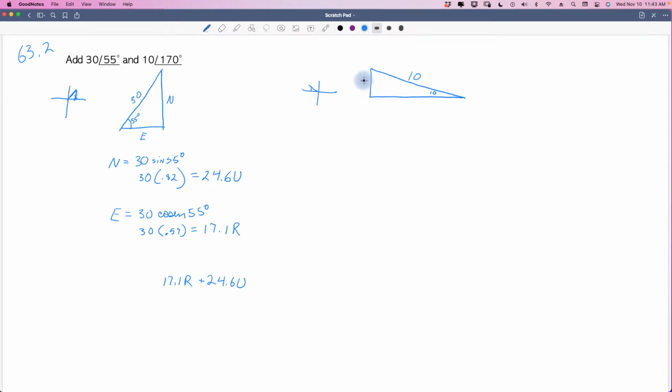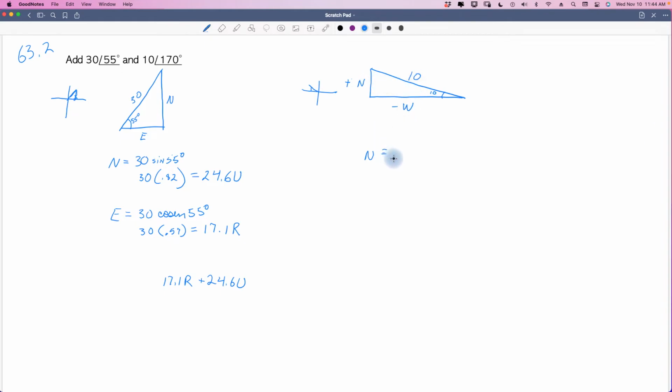And we need to figure out because this is on top, this is still north, but this is going to be to the west. Okay. So this one's going to be positive and this one's going to be negative when we finish. So let's do the same thing we did before. So north is the sine, because it is the opposite over the hypotenuse.